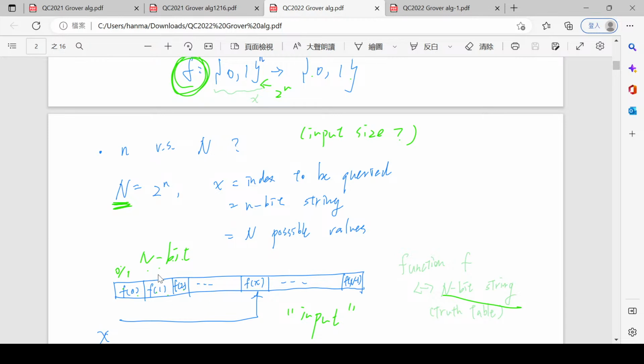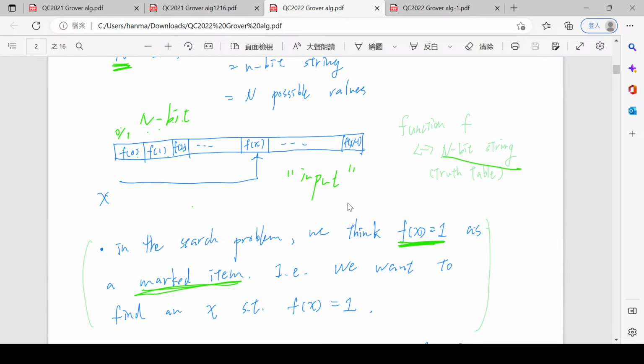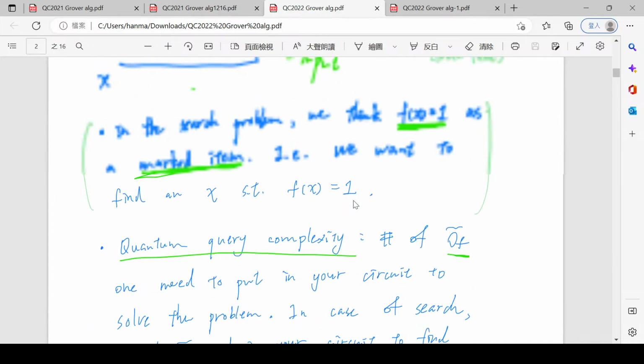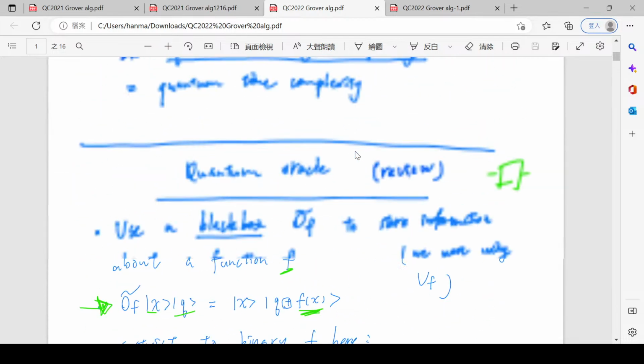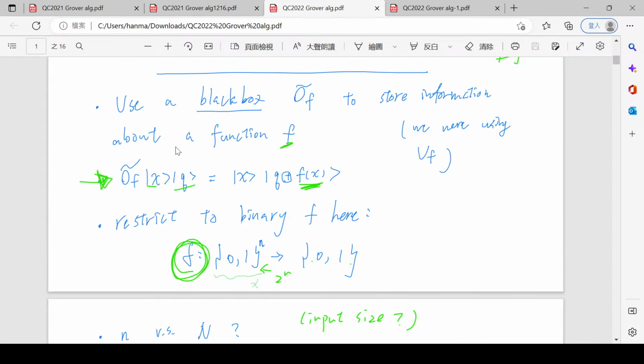And our algorithms will be finding some property of this big N bit string. Say like in Deutsch-Jozsa, you want to find whether this bit string is balanced or constant, etc. And so that's the query, and the quantum query is a way to query this thing in quantum superposition.